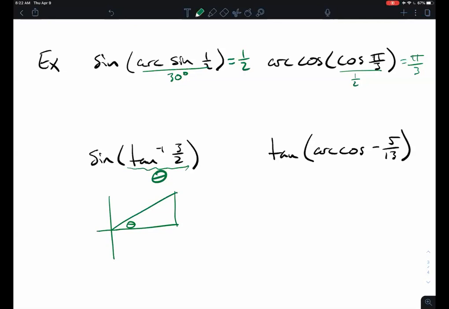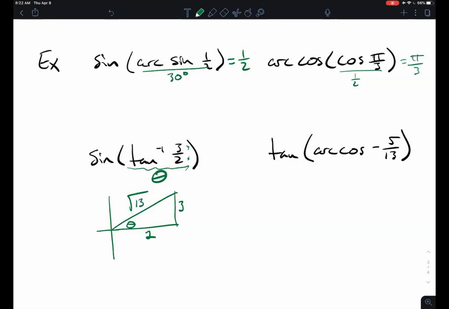So for tangent, in my reference triangle here, where's 3 and where's 2? Well, this is y over x, isn't it? So that's 3 and that's 2, correct? If we do a little work, this is going to be the square root of 13.